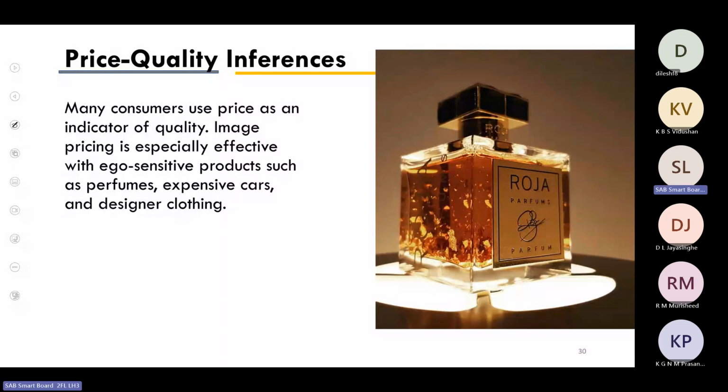That is where this image pricing is especially effective with ego-sensitive products such as perfumes, expensive cars, and designer clothing, right? That is because again we believe that if the prices are high, the brand or product will suit us very much compared to other products and services in the marketplace.